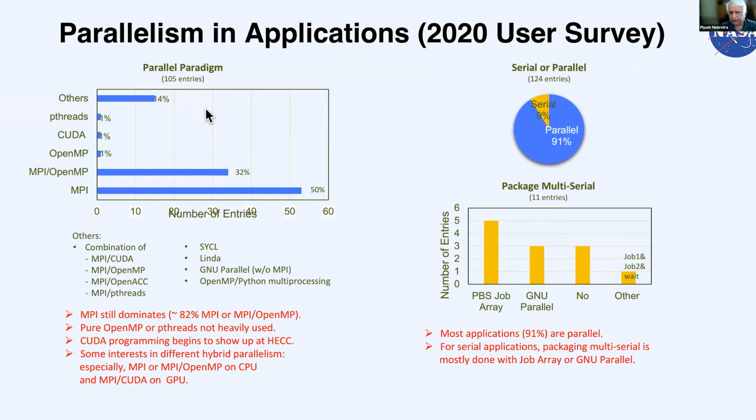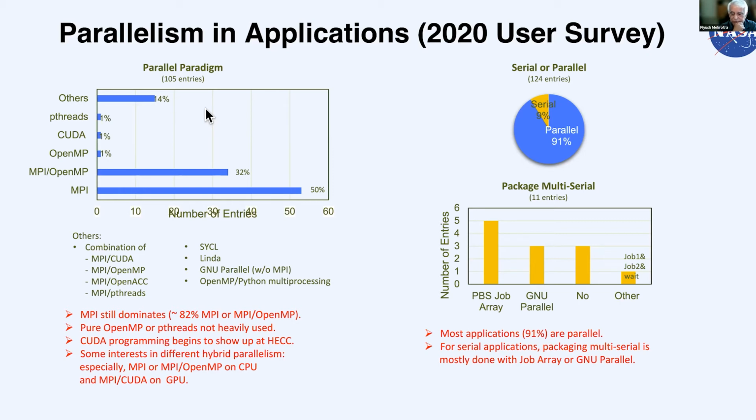If you look at what kind of packaging there is, almost 90% is just pure parallel, but there is some usage of what we call serial packaged together to run across multiple nodes. This is like when you're running databases of a parameter space study, and each code itself is a single core or a small set of cores, but then you have thousands and thousands of them.